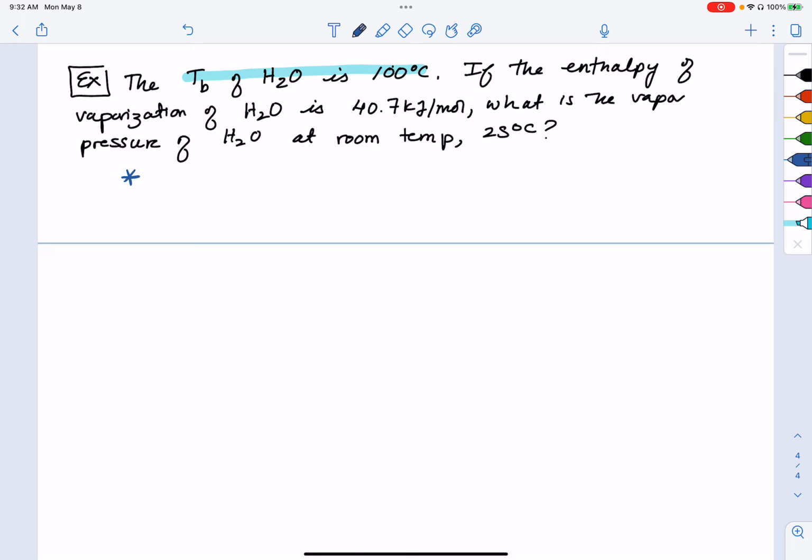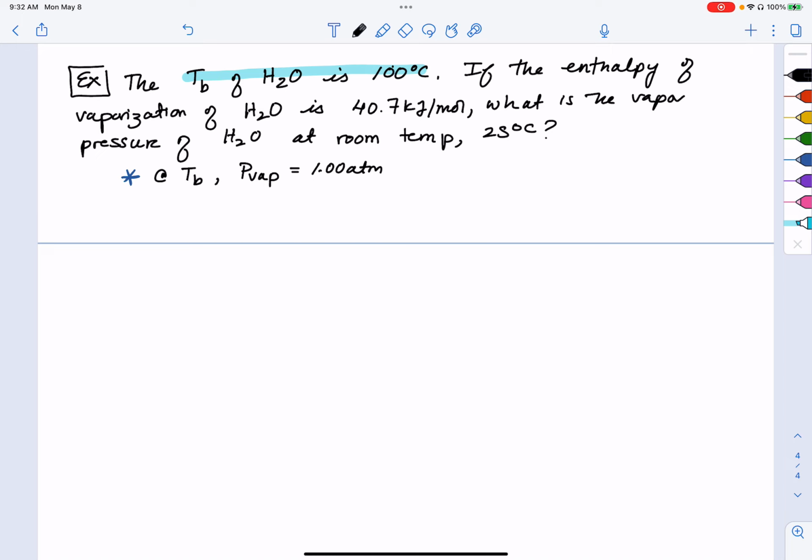So let's remind ourselves about what we know about water and the definition of the boiling point. By definition, any liquid at its boiling point has a vapor pressure of 1.00 atmospheres, because the boiling point is the temperature it takes for the vapor pressure to be equivalent to ambient atmospheric conditions.